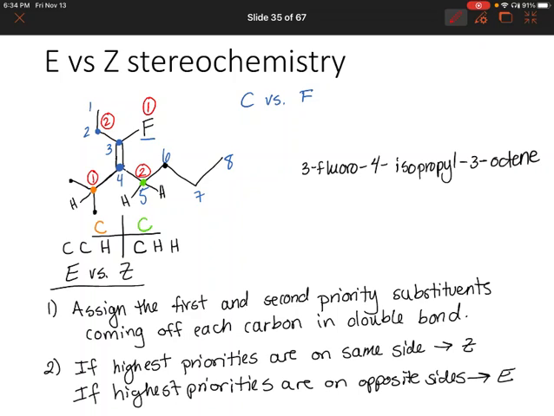All right, so looking at our priorities, let's compare the 2 highest priorities, fluorine and isopropyl. Are those opposite each other, or are they on the same side? They're opposite each other.